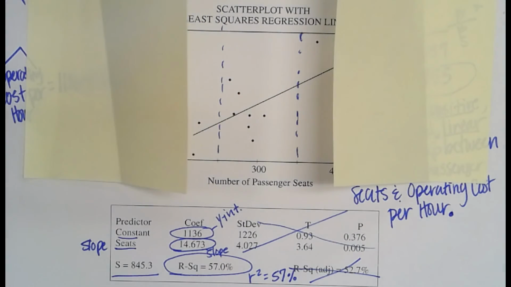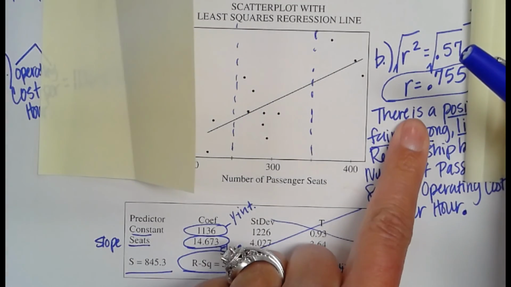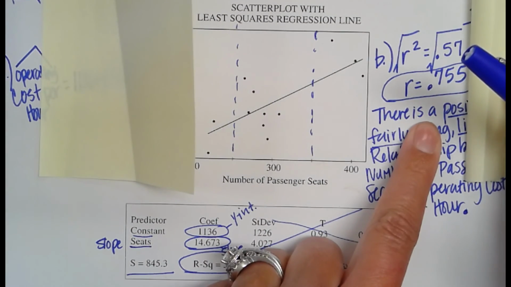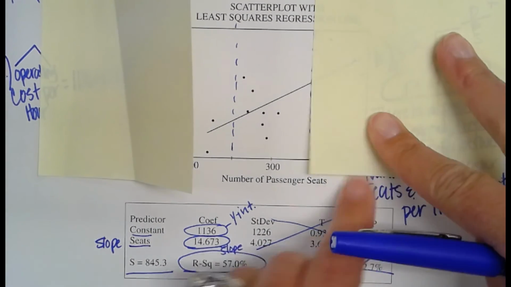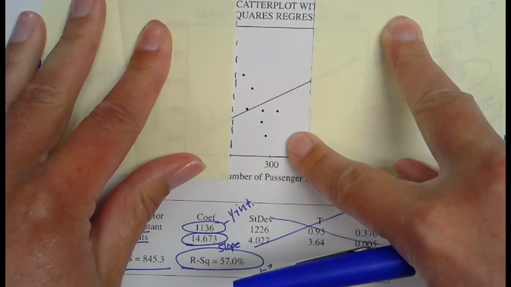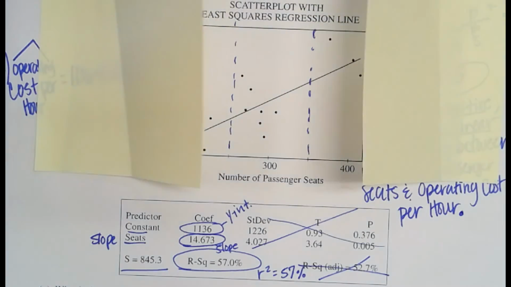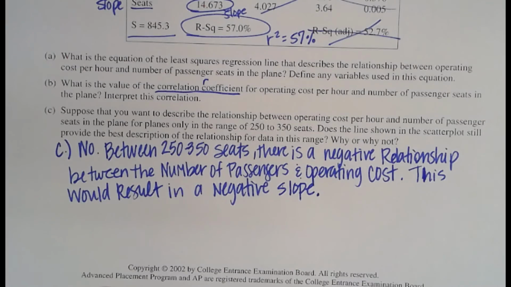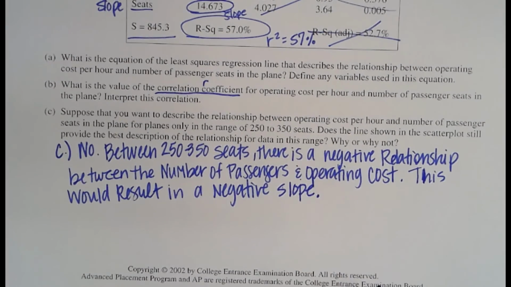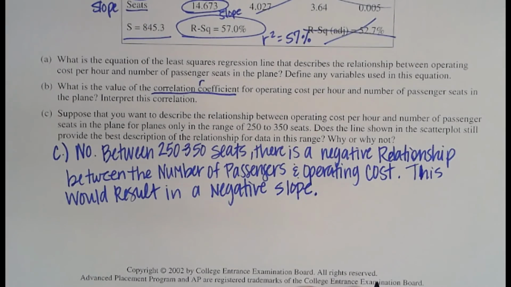So we want to say no, it's not the same as this, because this has a positive correlation and a positive relationship. We would need to say it's actually going to have a negative correlation. We want to say that in words. So I said no between 250 and 350 seats.